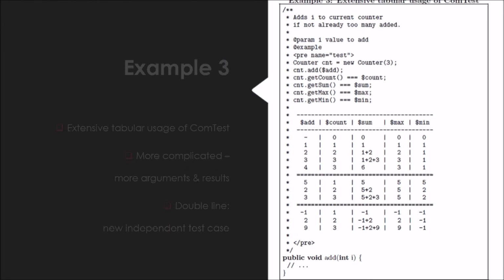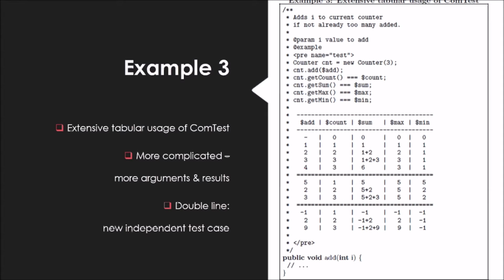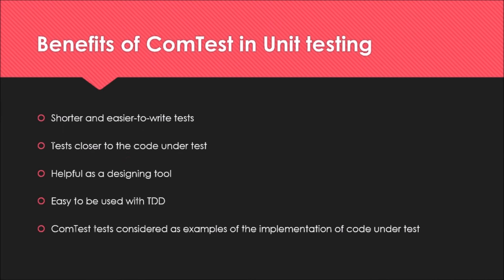And the last example shows an extensive tabular usage of ComTest. This one is more complicated since it has more arguments and results. The double line shows a new independent test case. Certainly, ComTest was not developed just for the use in the first programming courses. More complicated tests can be written, and the authors underline the benefits.